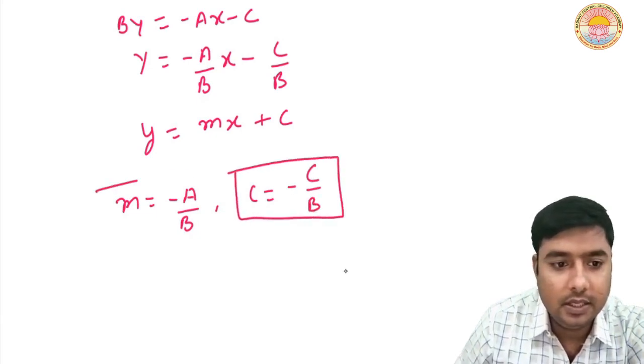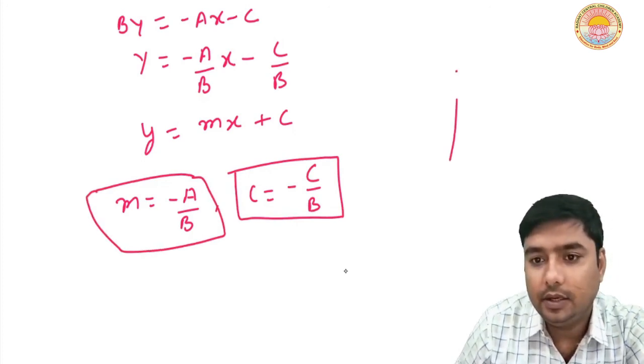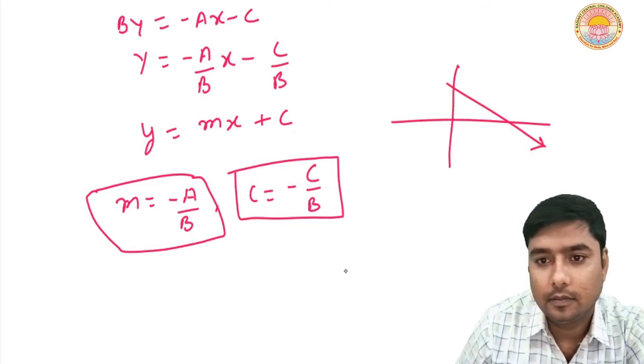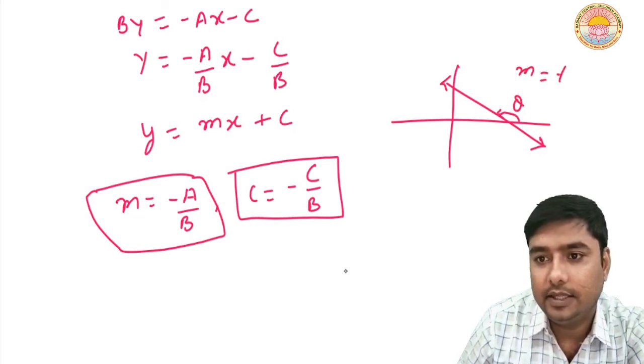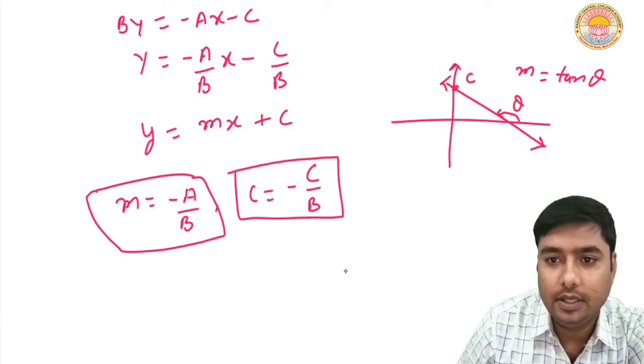It means a line passes through any Cartesian plane, and this angle is theta, so m equals tan theta. This is the slope, and this point is the intercept point, which equals c.